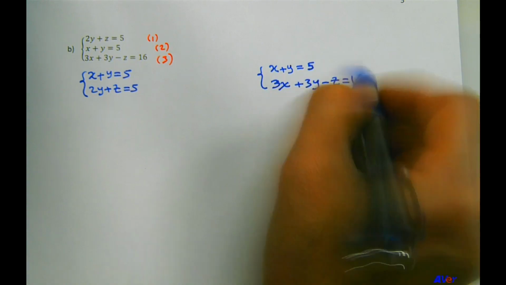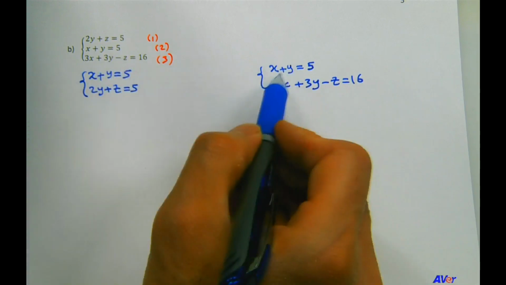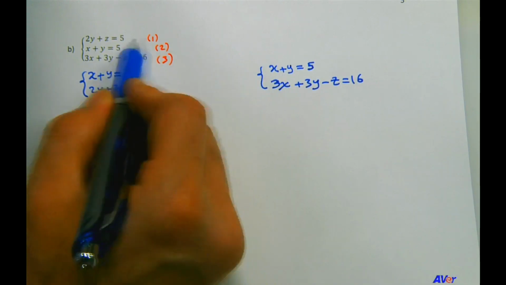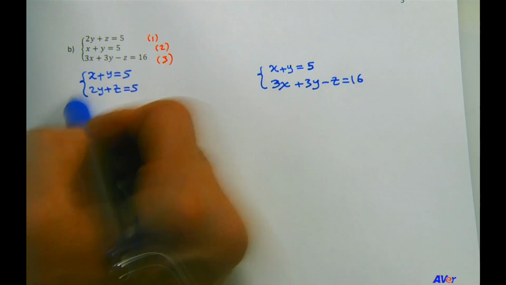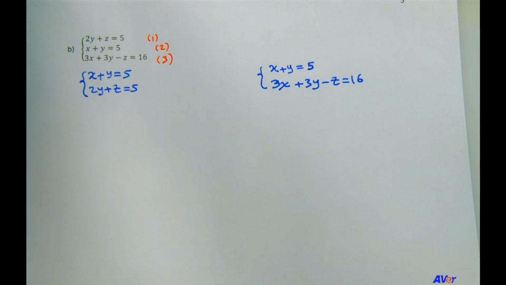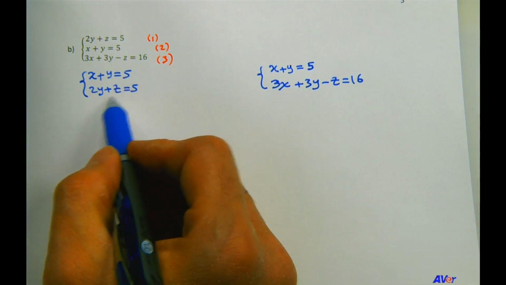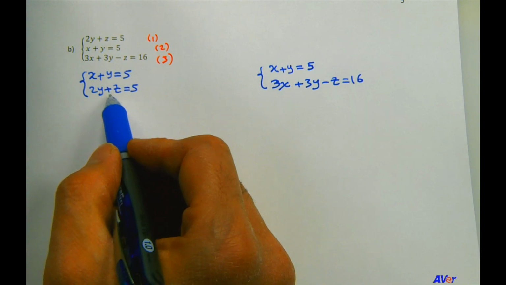You don't have to do this. You can pair up the third and the first equation if you like. You'll get the same result as I do once we're both finished. Okay? All right. So let's decide which variable to eliminate.